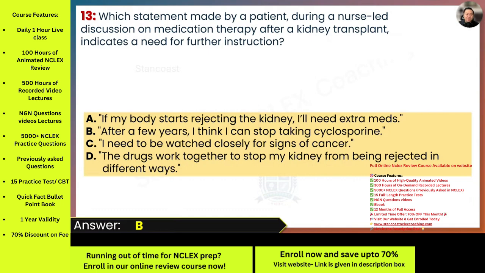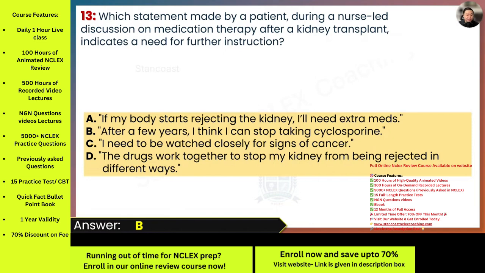Cyclosporine is known to increase the client's risk of developing cancer, particularly skin cancers or lymphomas, because of its effects on the immune system. And so the client who has had the kidney transplant with the immunosuppressive medication should be monitored for these malignancies. So this statement is accurate.